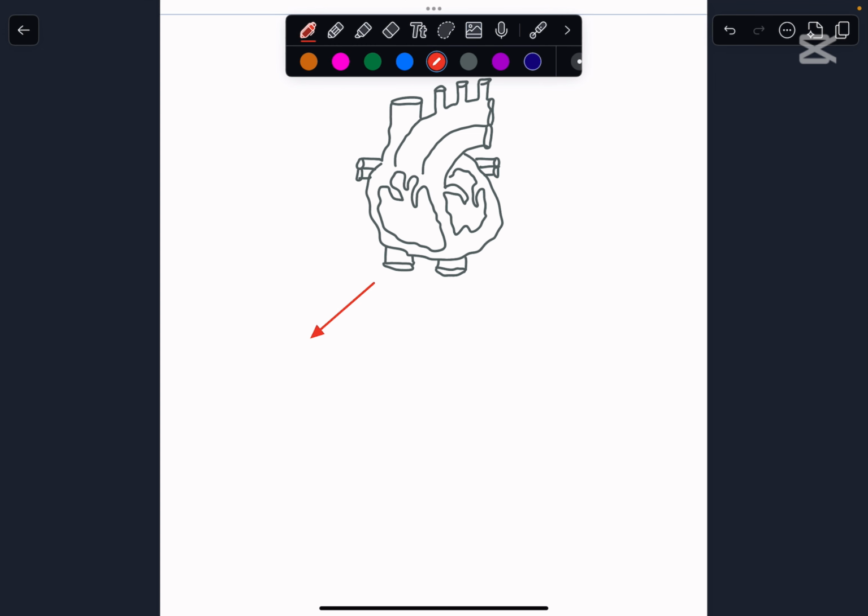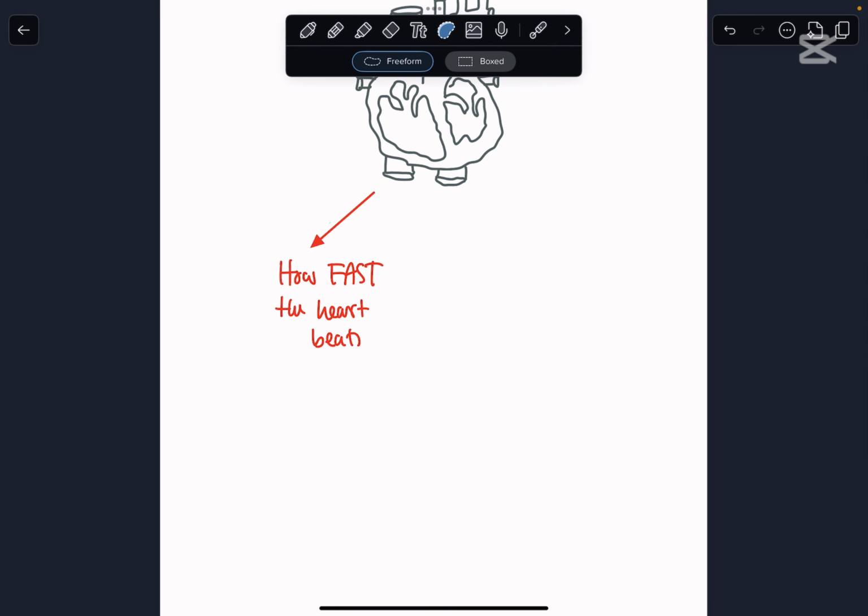How fast the heart beats is basically measured as heart rate.